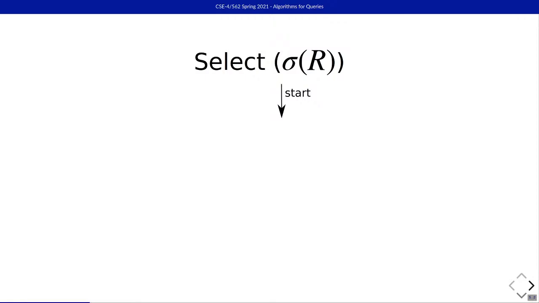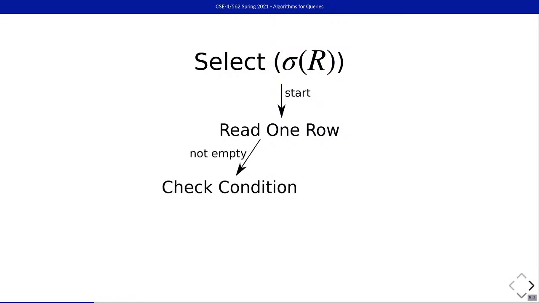At the very beginning, we call the function to get the next tuple out of the selection operator. The selection operator basically needs to read one row from its input. And then essentially one of two things at that point can happen. The input might have another record to read, or it might not. Let's assume that there is another tuple to read from the input.